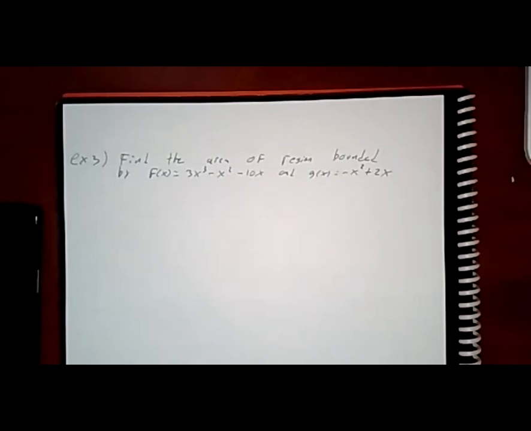So they did not tell me any bounds or anything, so we had to graph and then solve for them. But let's use Desmos to make it a little easier, because I need to show you something, why this one's going to be a little harder.